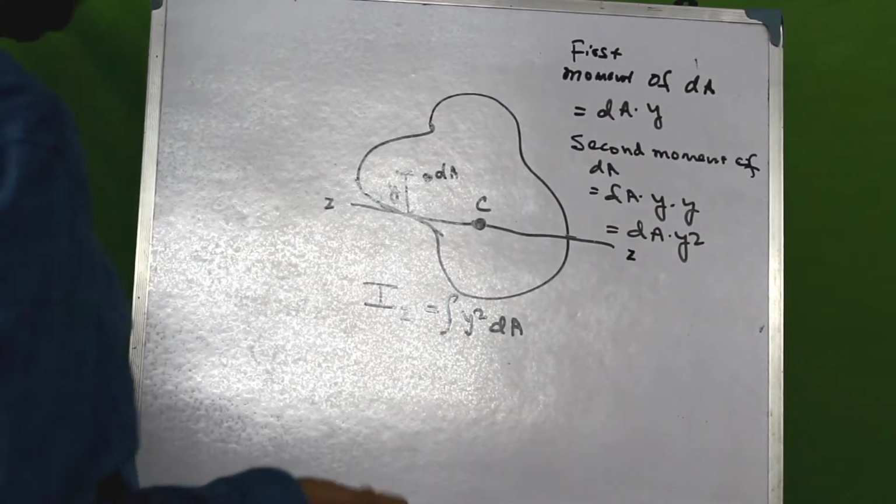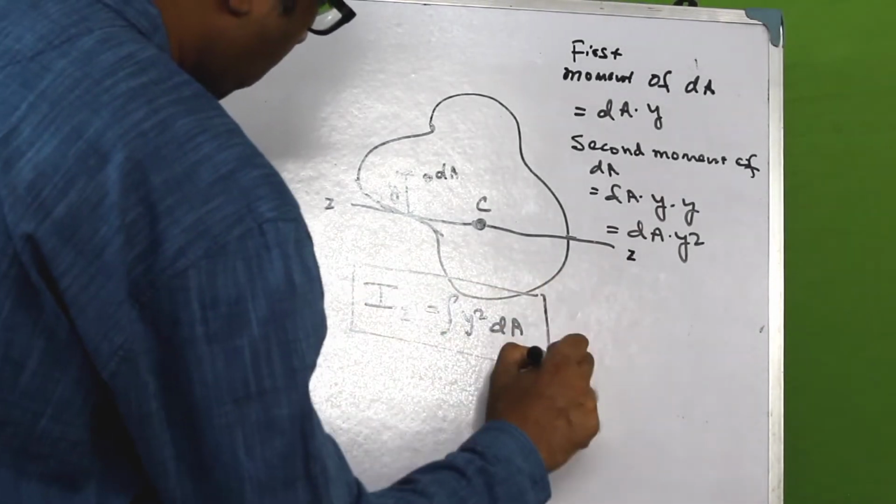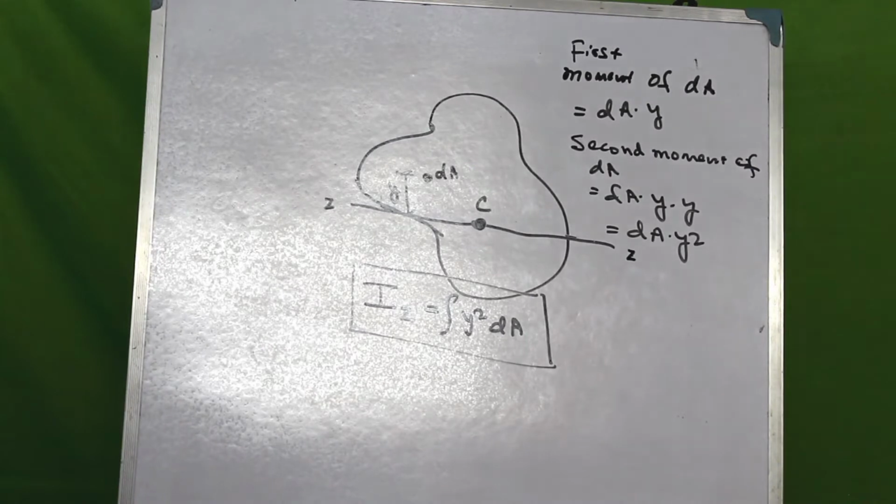The mathematical expression of moment of inertia is this, integration of y square dA.